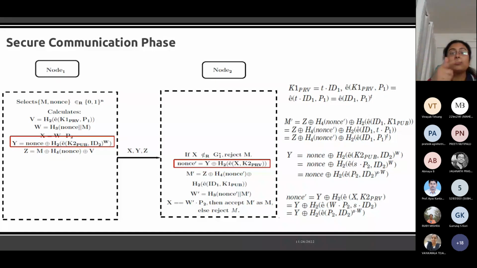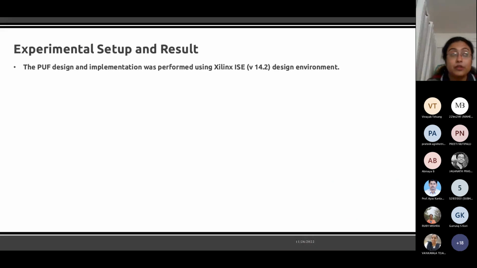So later on, you cannot deny that you haven't sent me the message. That is how we stop the repudiation attack; we enable non-repudiation.